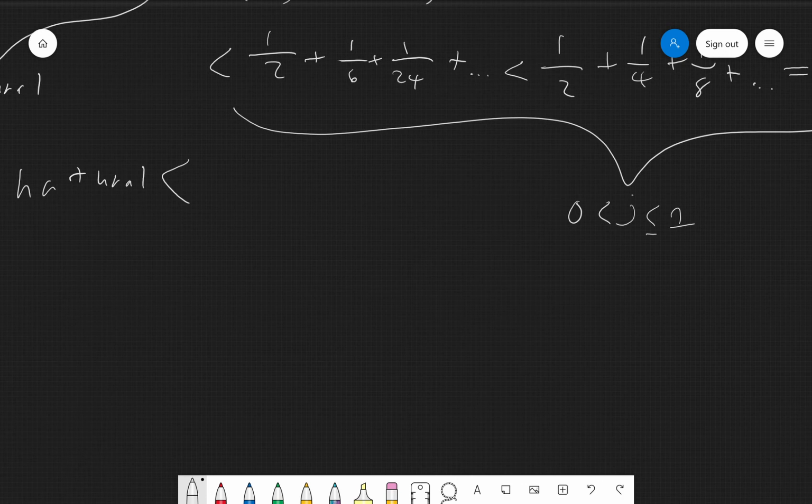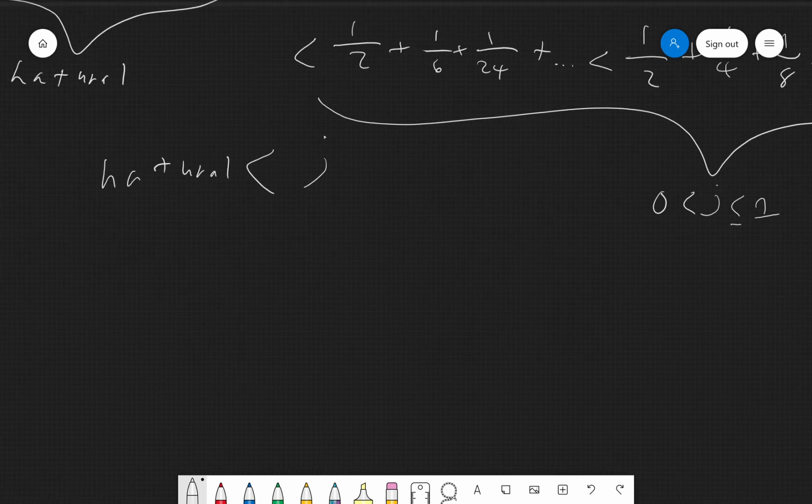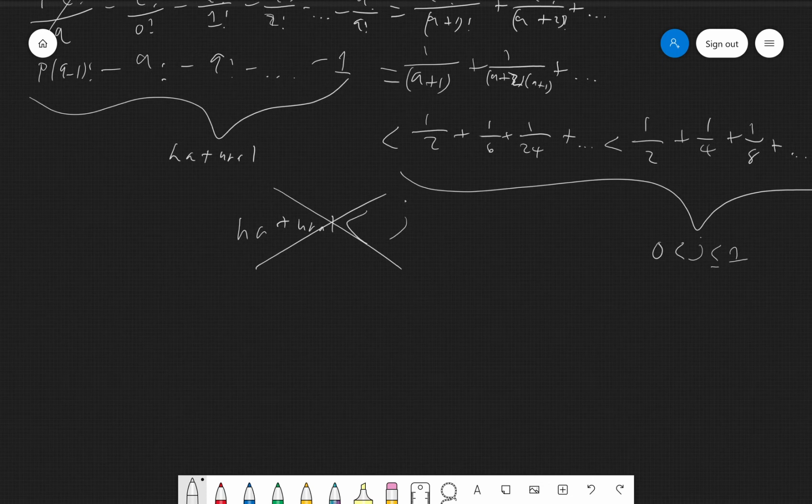But naturals have to be greater than or equal to 1, so it can't be less than j. And now j is between 0 and 1, so that is impossible to do. And because that's impossible, there's nothing you can do.